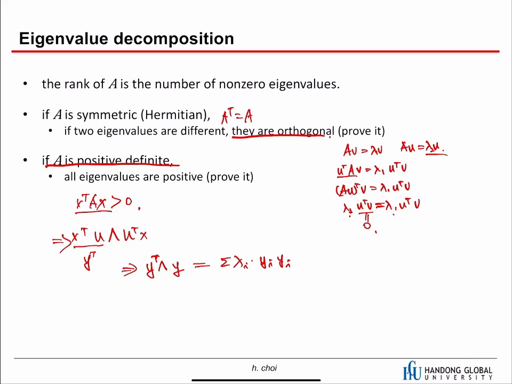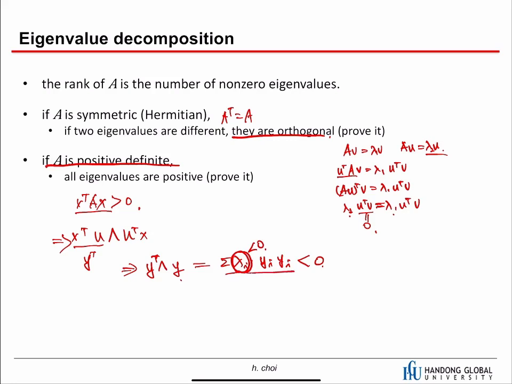So if any lambda i is negative, then we can come up with some vector Y to make this negative.